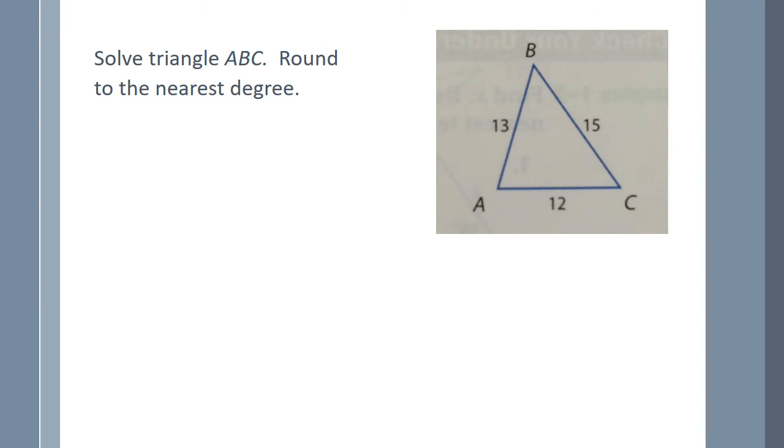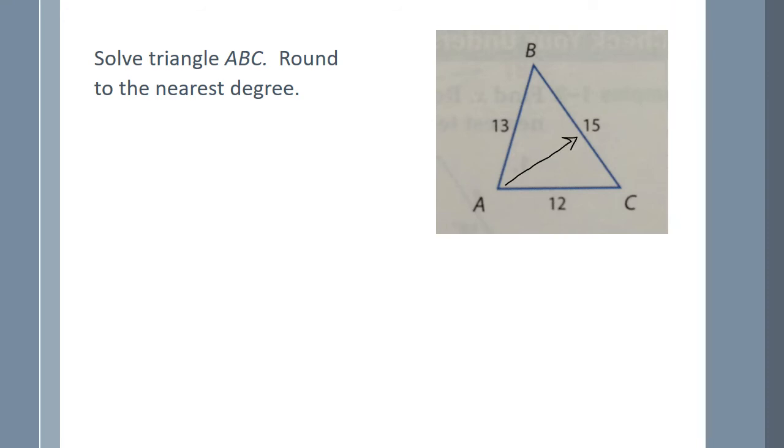Okay, so we're going to use the law of cosines, excuse me, because we don't have any angle measurements. We're going to use that to solve this. So we're going to start with A here, and we're going to go to the opposite, right?